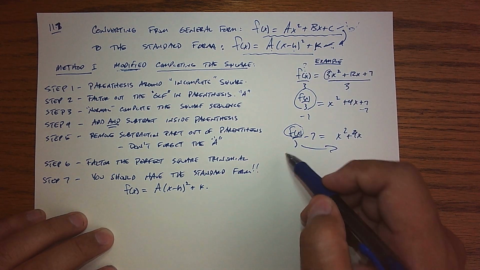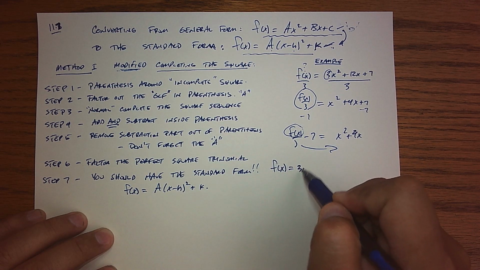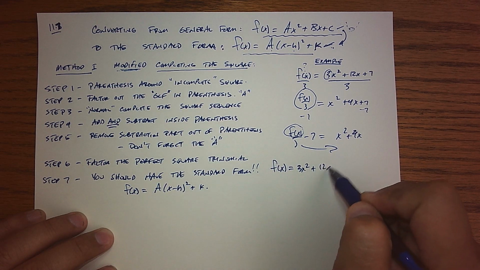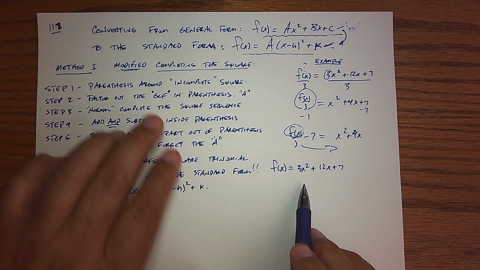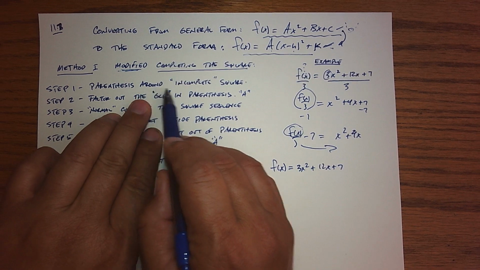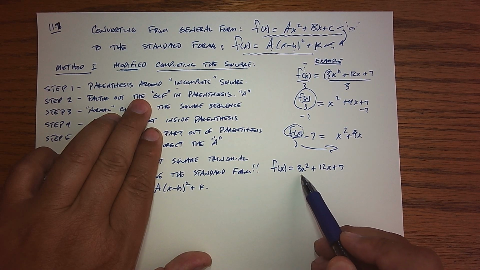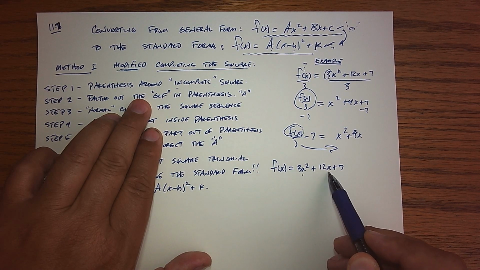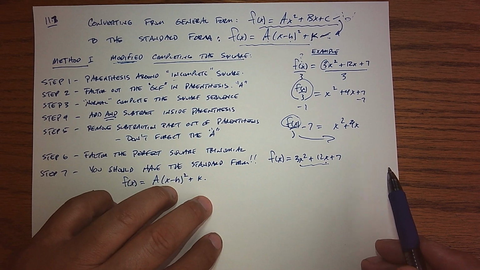So here's what it's going to look like when we do the modification process. So let me start here, and I'll go step by step and show you the process in this case. So first of all, what we want to do is begin by putting parentheses around the incomplete square. So you'll remember that the x squared piece and the x part, those two pieces together usually represent an incomplete square.